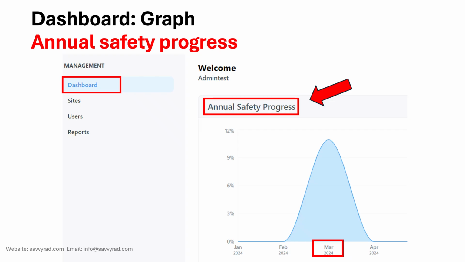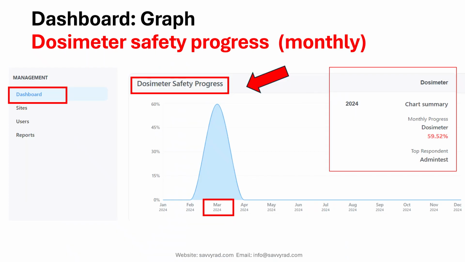The first graph on the dashboard is the annual safety progress that is updated every time that you work in the app and when you complete a questionnaire. The dosimeter safety progress is a monthly graph also available on the dashboard.